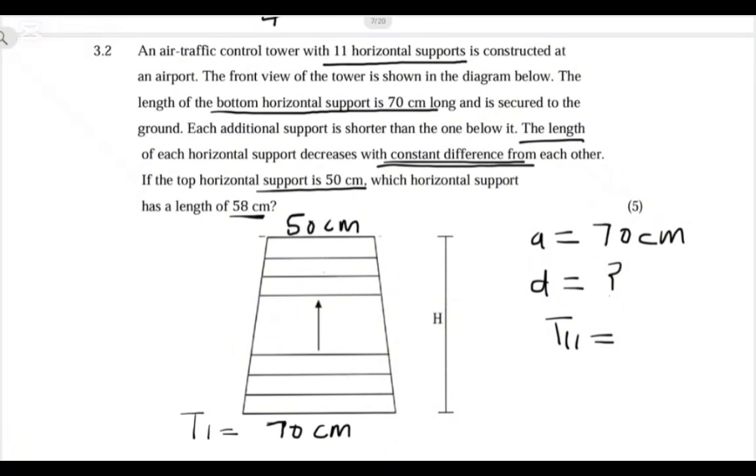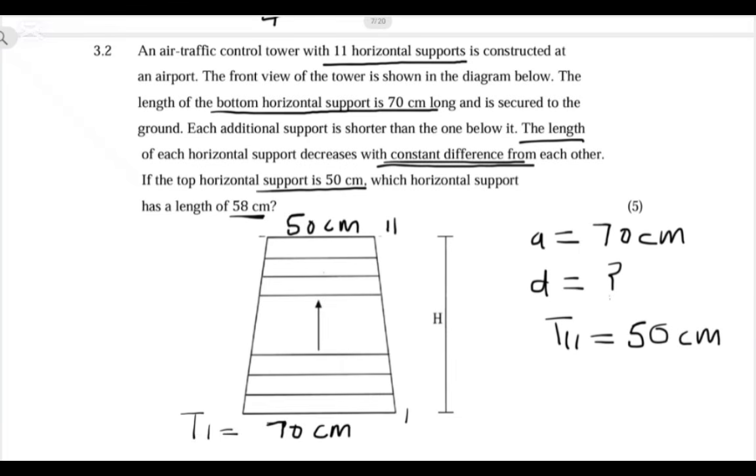Because this air traffic control tower has 11 horizontal supports. If this one is horizontal support number 1, this is going to be horizontal support number 11. So term number 11 is 50 centimeters. But the difference we don't know. They want to know which term will give us 58 centimeters. That is what they are asking for in this question.